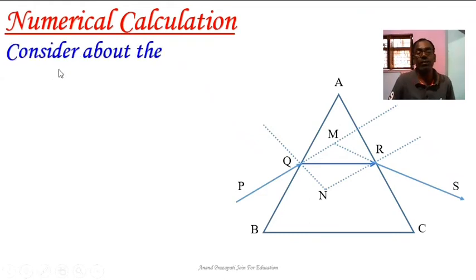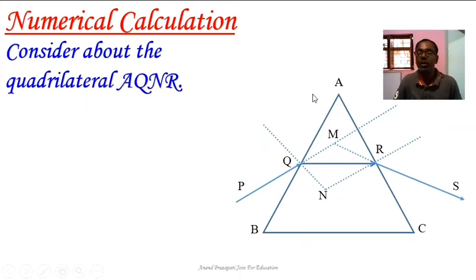Consider the quadrilateral AQNR. QN and RN are perpendicular, or normal, to AB and AC.